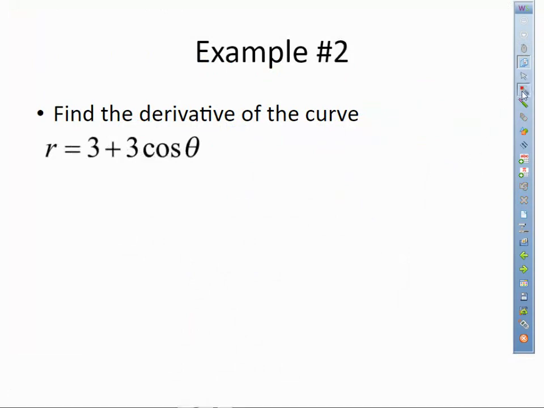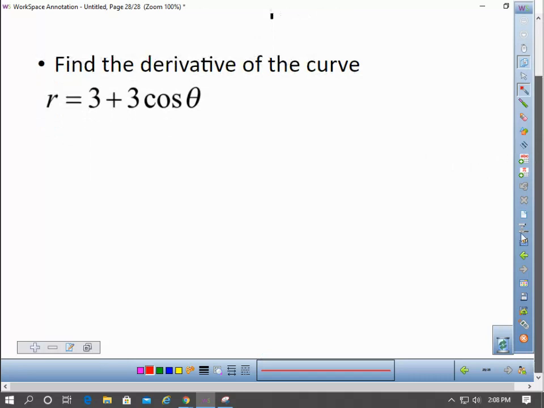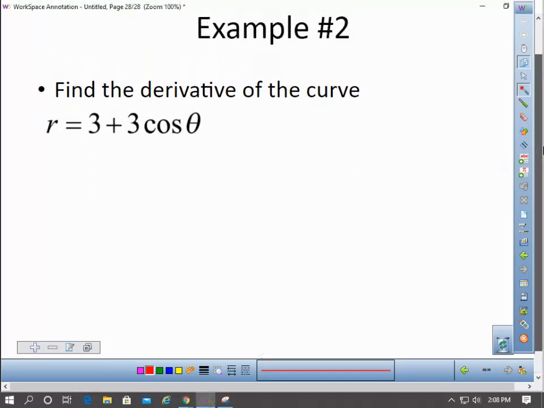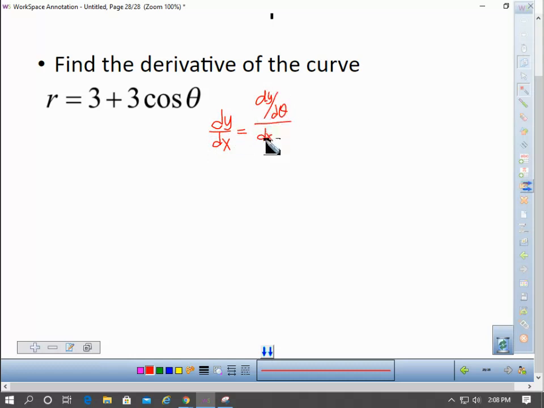Number 2, let's do another derivative. All right, so again, I want to find the derivative of this polar curve. So I'm on example number 2. Find the derivative of this. So again, I'm going to write it out. So dy dx, I'm actually doing dy d theta over dx d theta.